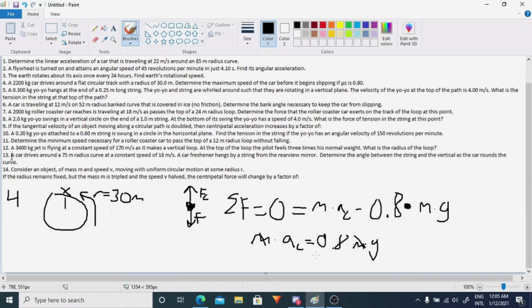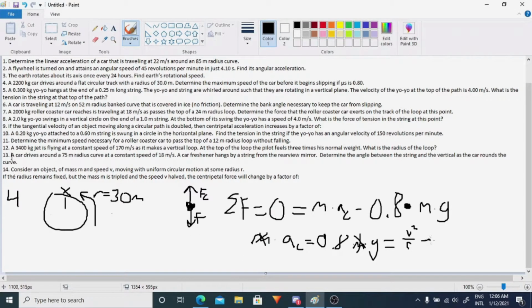So we get AC equals 0.8 g. And we also know, like we used in question 1, after we cancel out the masses, AC alone equals v squared over r. Therefore, v squared over r equals 0.8 g.